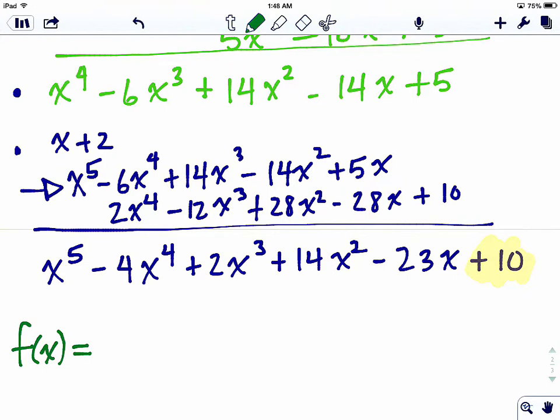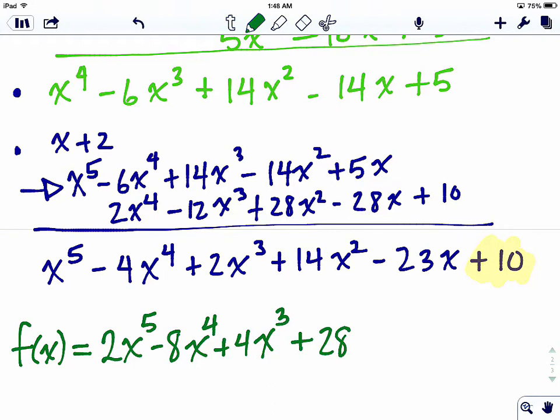Well, the answer is to multiply by the constant 2. If we multiply by the constant 2 all the way across, we will end up with a polynomial that has the exact same zeros as the polynomial above, but it is going to have a y-intercept of 20.